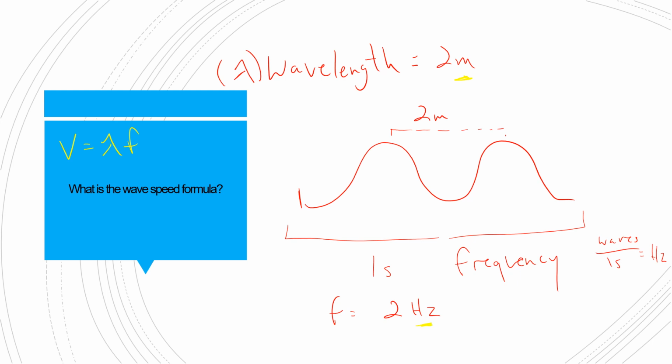In our example, velocity would be equivalent to 2 meters times 2 hertz, which gives us a total of 4 meters per second. That would be our answer to that question. But again, the wave speed formula is lambda f, where lambda is representative of the wavelength.